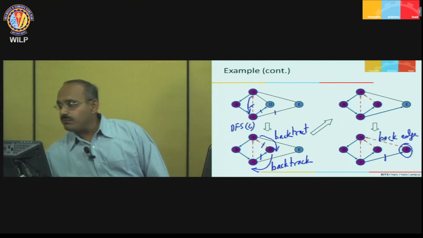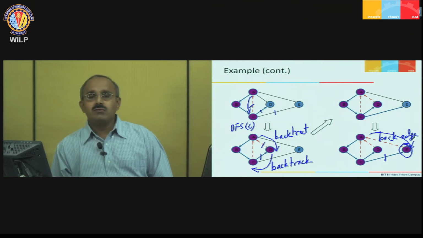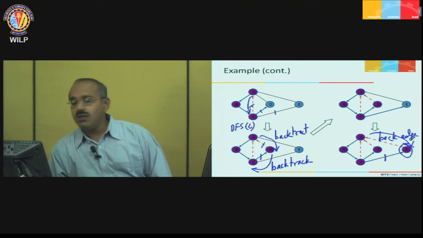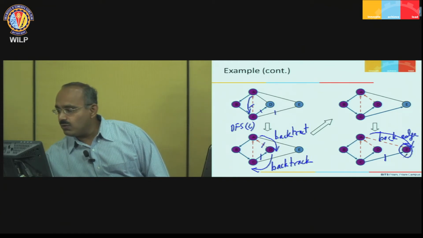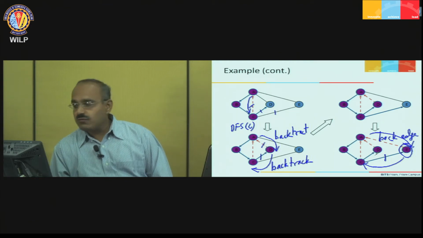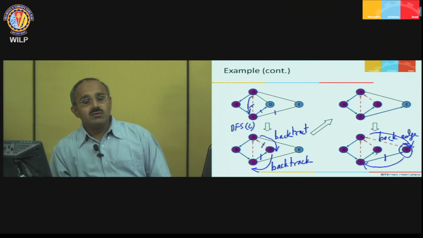So, we backtrack to E, and we see that E has no unexplored edges. So, we backtrack to the place from where we had come to E, which is here. We see that at C again there are no unexplored edges.